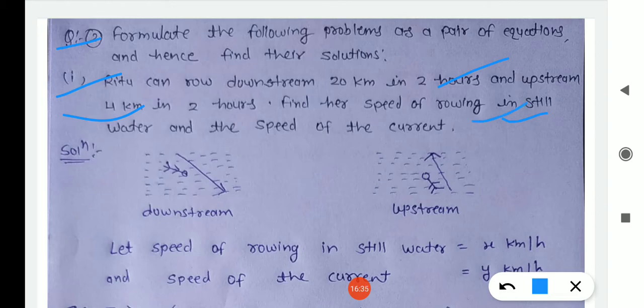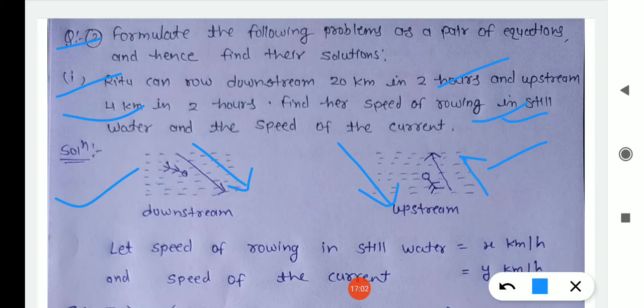Okay, so in the first case what? Ritu is going downstream, it means her speed is high. The current flows in this direction and Ritu also flows in the same direction. In the second case, this was our downstream. In upstream, the current flows in this direction and Ritu rows upstream in this direction.